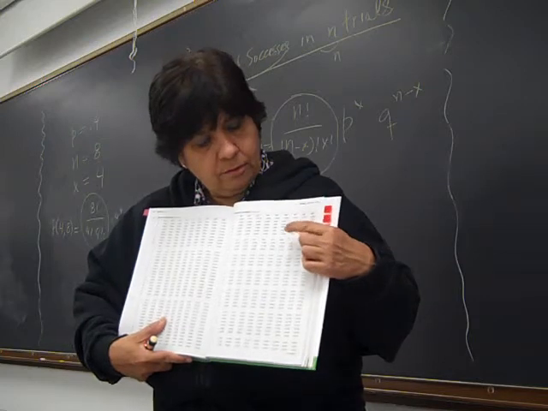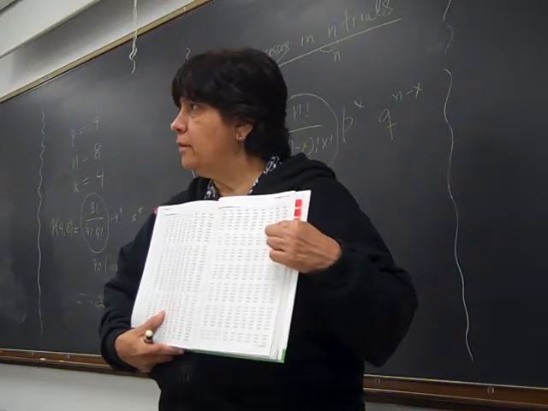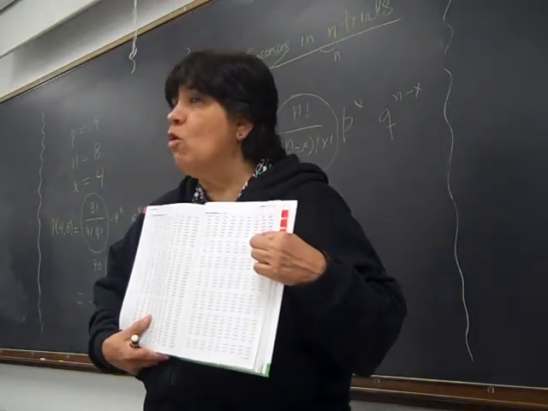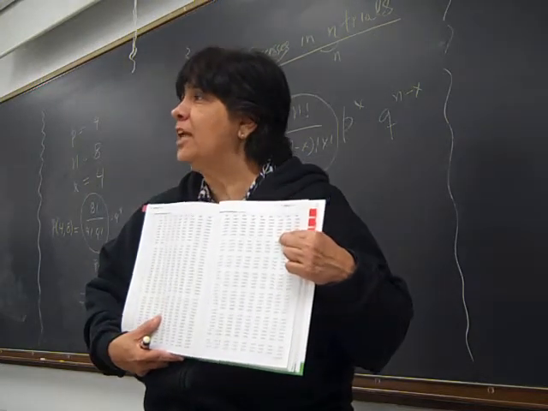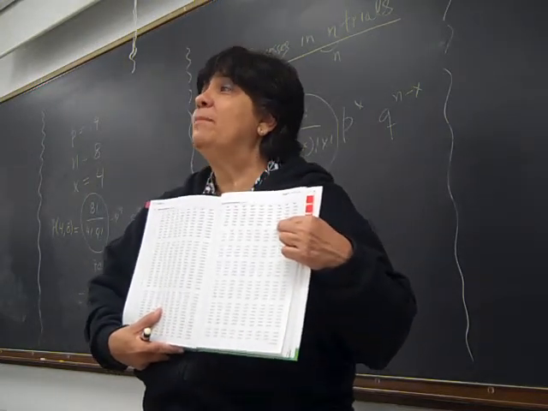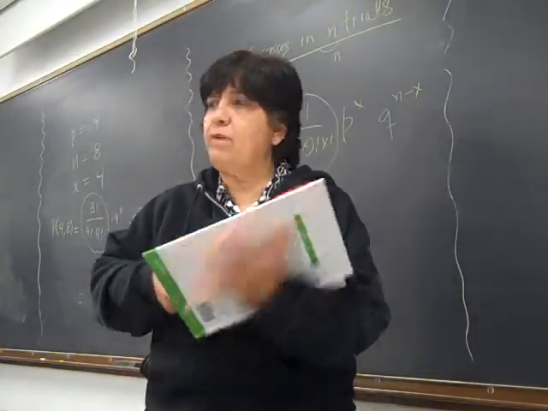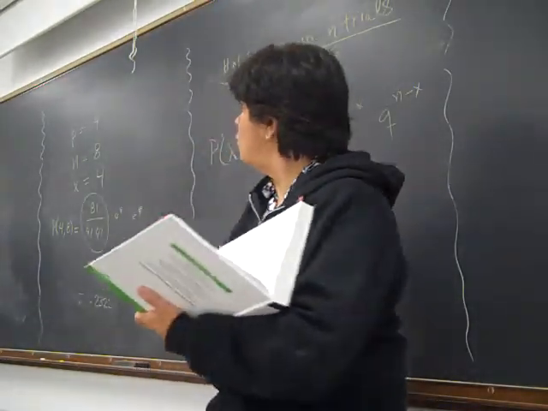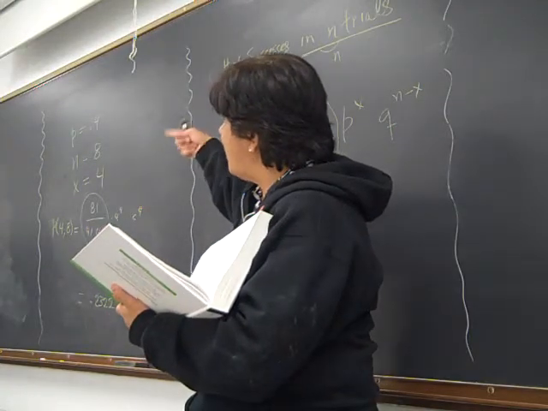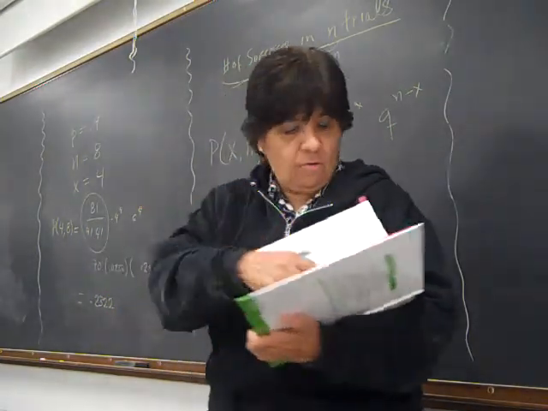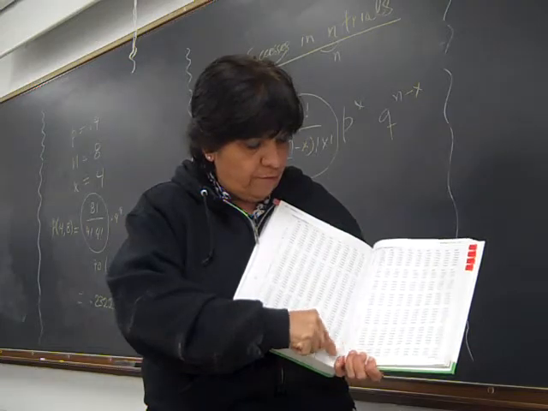0.4. Not 0.04. A lot of you make that mistake. You need to find out the p. 0.4 is on page 843. But then you have to look for n equal to 8 and x equal to 4. Over here you have n of 2, 3, 4, 5, 7.